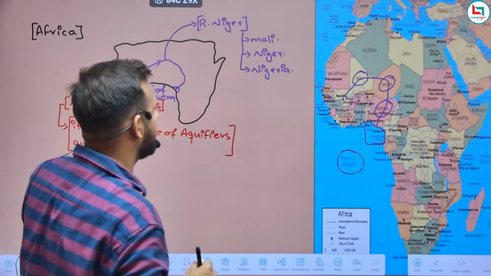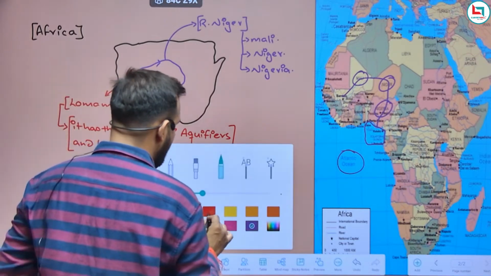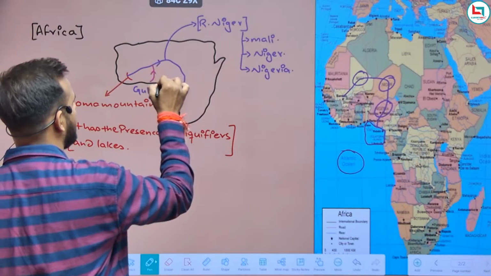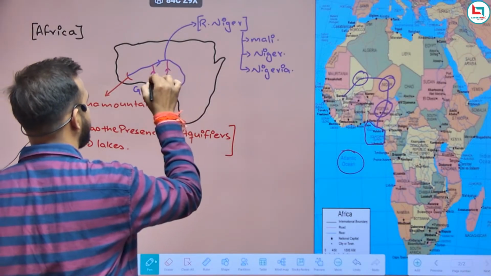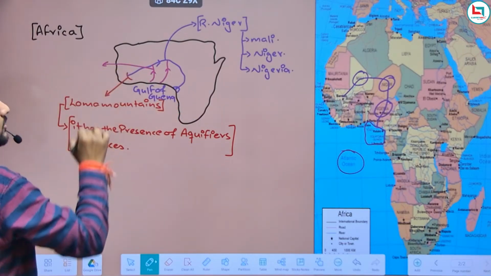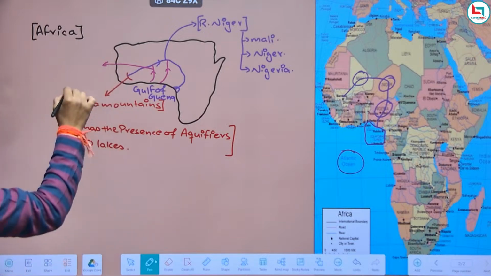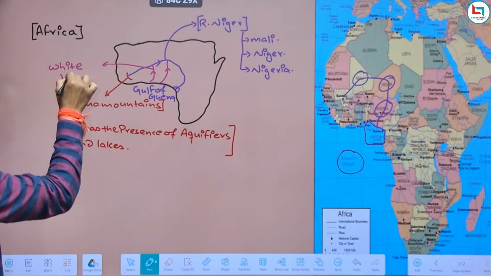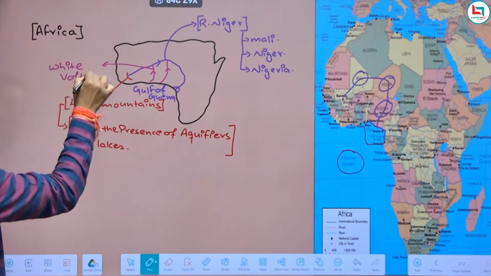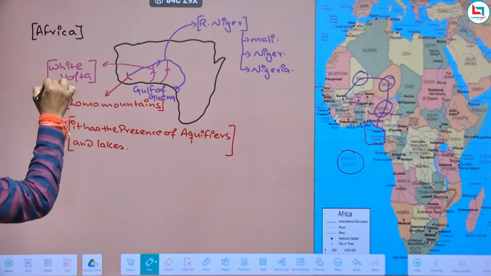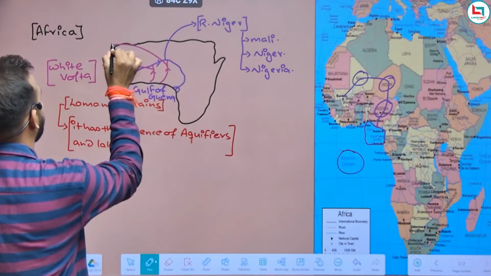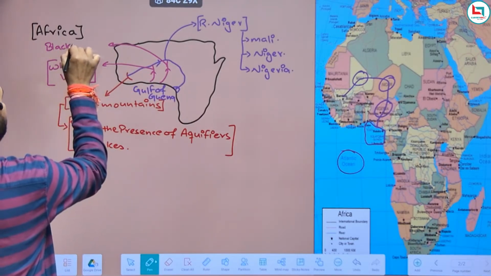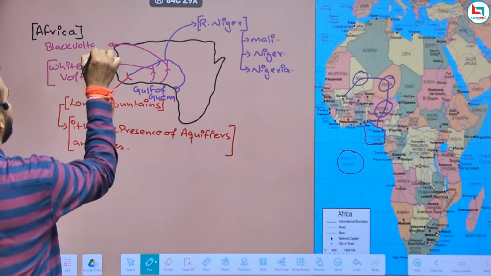This is the White Volta, and here we have the Black Volta.